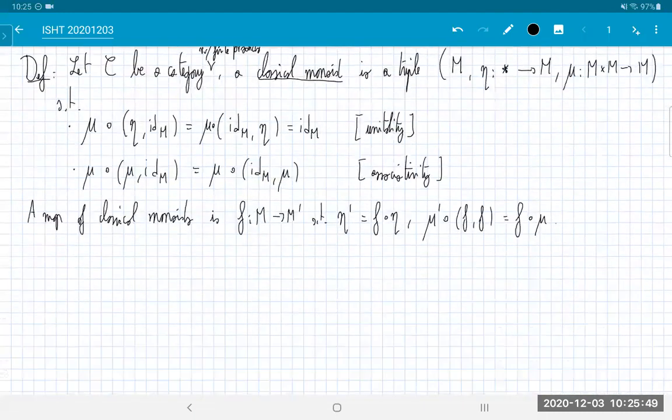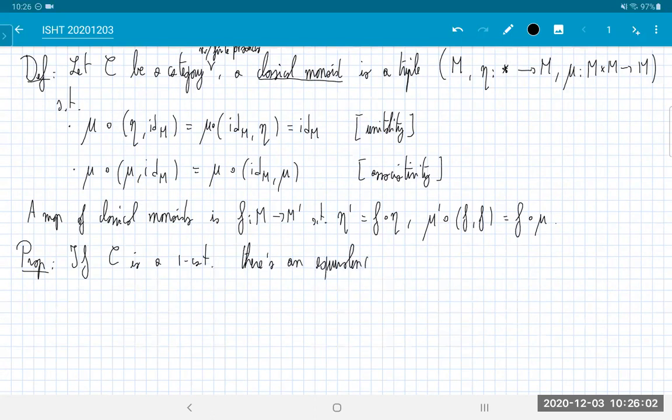The first result I want to talk about today is that if C is a one category, there's an equivalence between monoids and classical monoids.